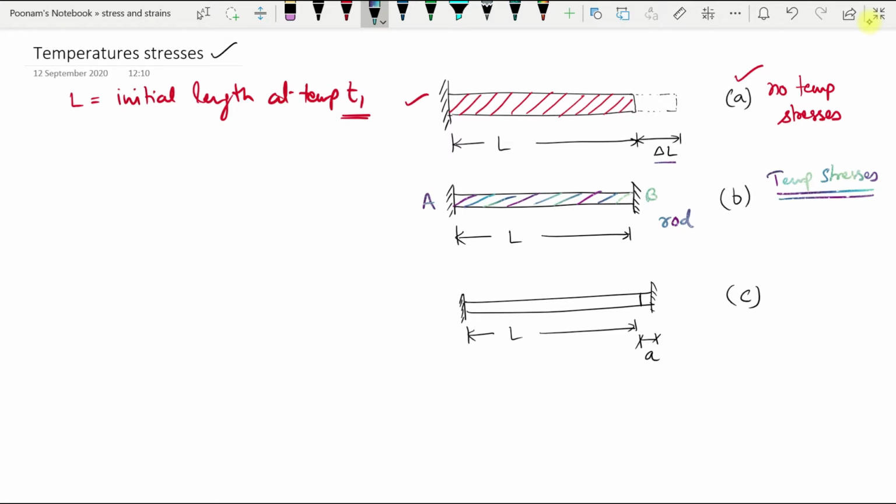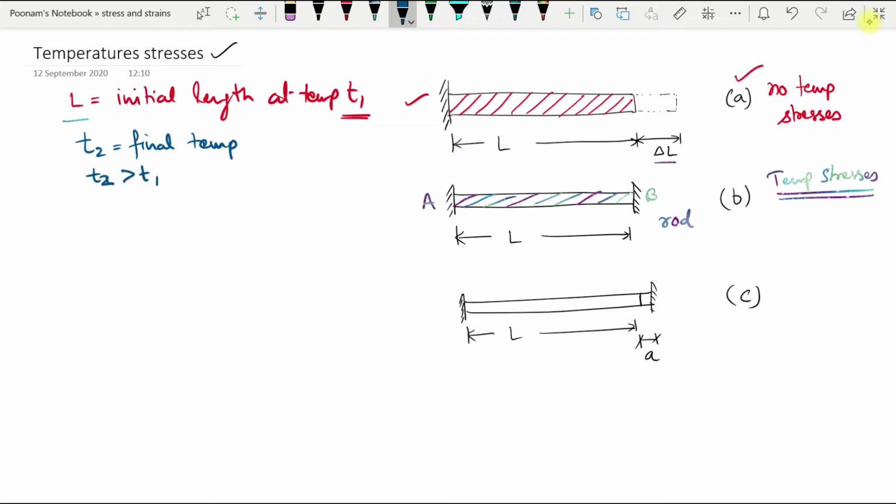So let us consider in this case L is the initial length of the bar at temperature T1, and let us say T2 is the final temperature. That means we are raising the ambient temperature of this bar, and T2 is more than T1.